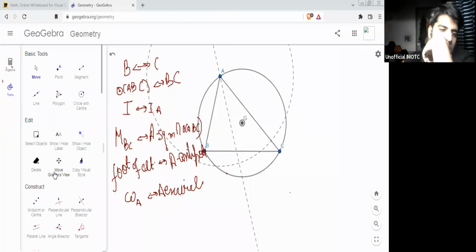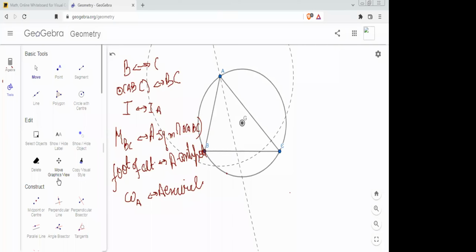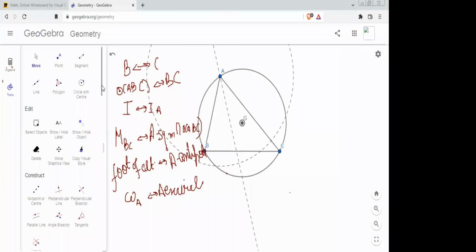Really? I don't remember the centroid. Let's check actually. The midpoint is going to the point where the A median meets the circumcircle. Then AG to G, the midpoint of BC, is going to be 2:1, so you'd get the same ratio again.